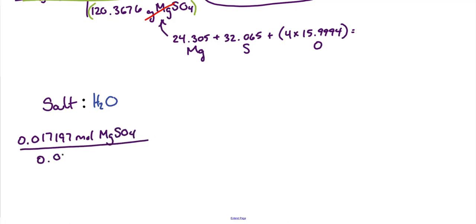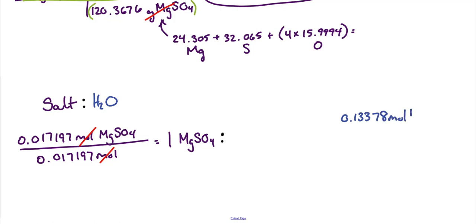Again, we want salt to water for our ratio. So if we take the salt moles and divide the salt moles by them, we will get 1. When we take the salt moles and see how many times they go into the water moles, that will give us a different number. And because the water moles is typically going to be larger than that of the salt, we'll get a number that is bigger than 1.